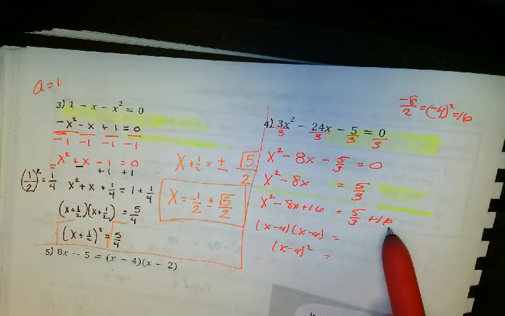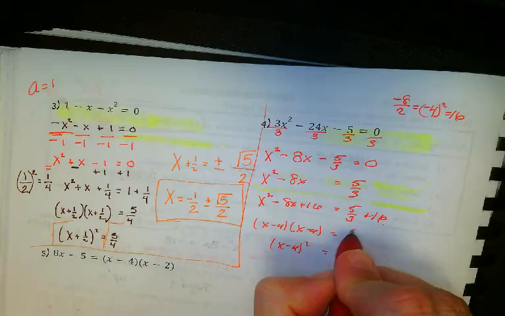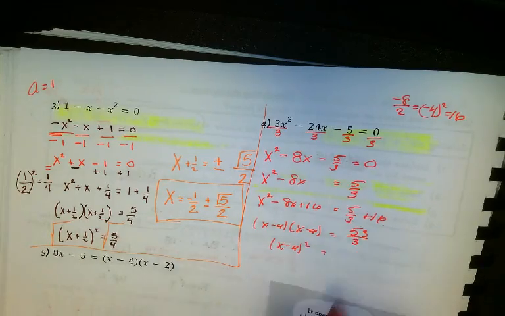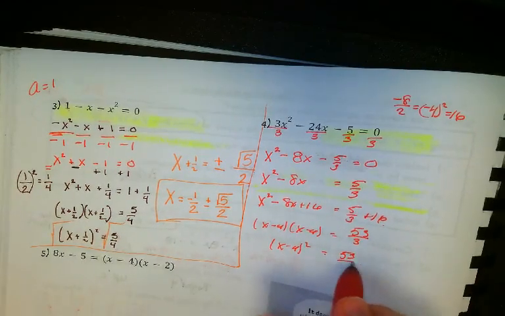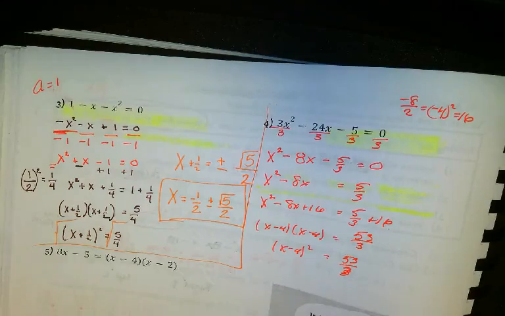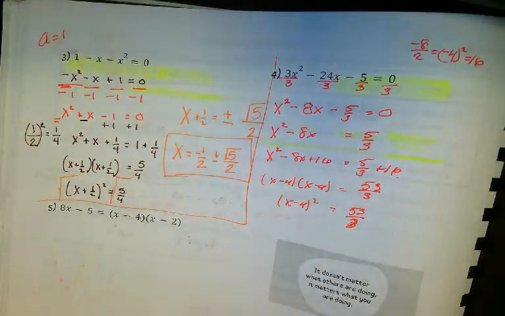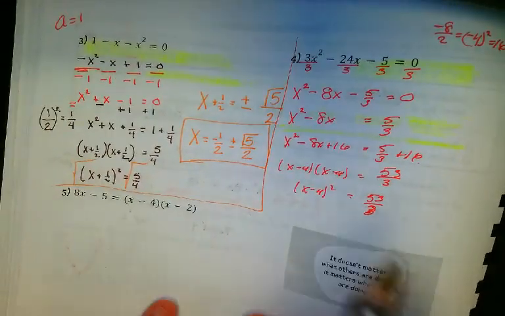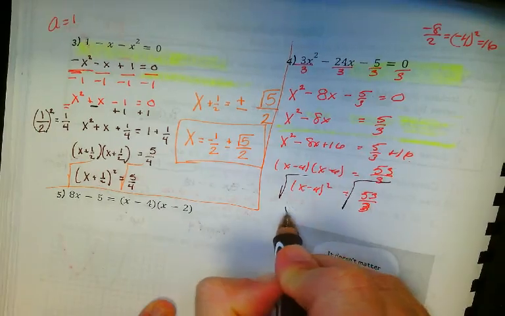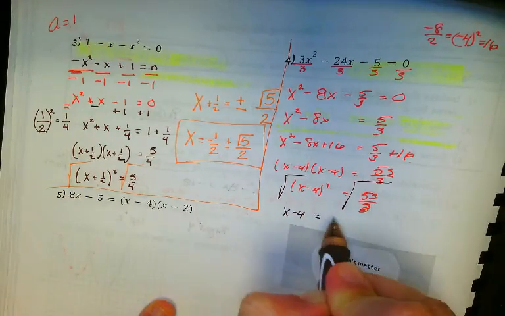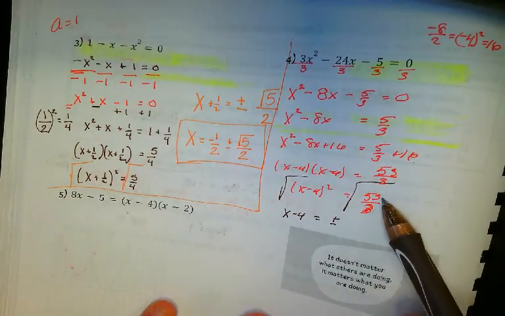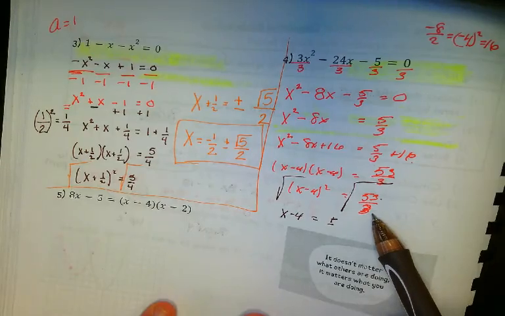5/3 plus 16, is that 53/3? Oops, does that sound right? Okay. Again, just going to take the square root of both sides. So x minus 4 equals plus or minus. I don't know the square root of 53, nor do I know the square root of 3.